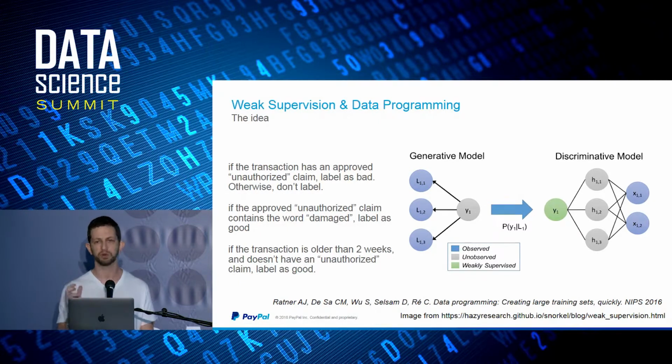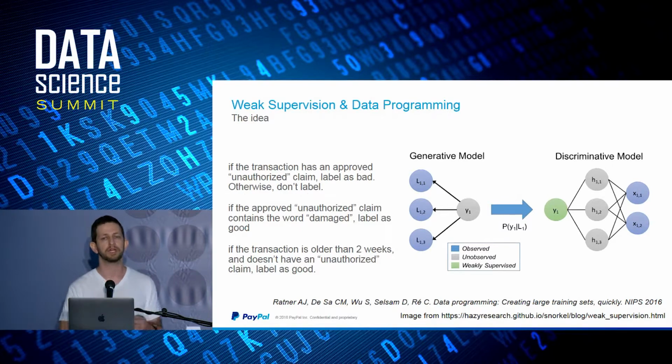It can output 0 as a way to say, I don't know how to classify this specific example. So you can think about it as taking what we used to have as our only label: if the transaction has an approved unauthorized claim, it's bad. We're not assuming that this is the label. This is one labeling function.